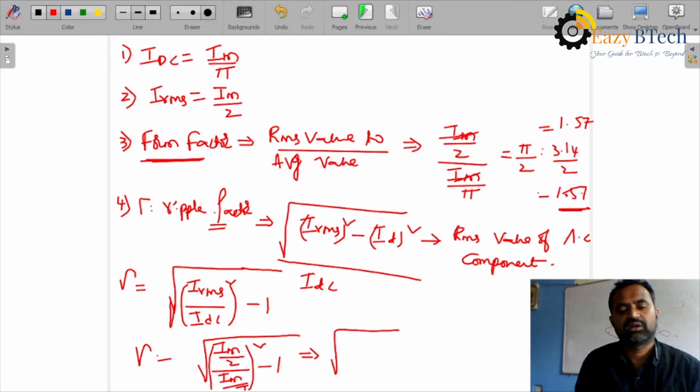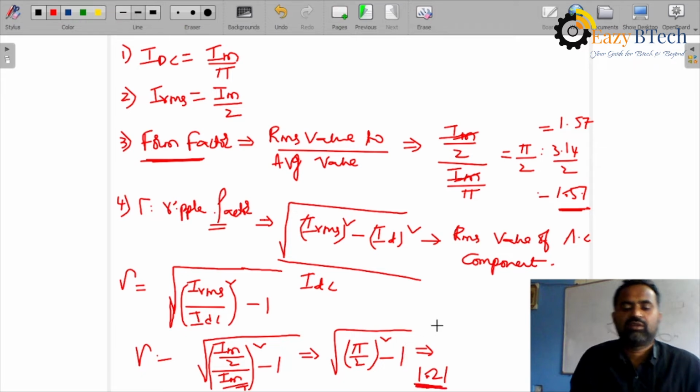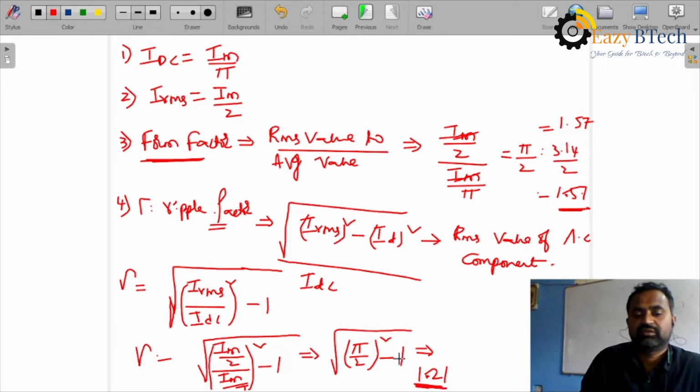This is under root pi by 2 whole square minus 1. This value will be approximately 1.21. Okay, the ripple factor of half wave rectifier is 1.21.